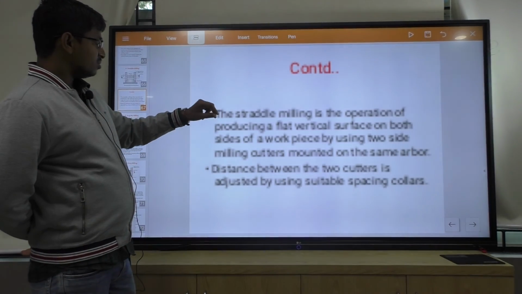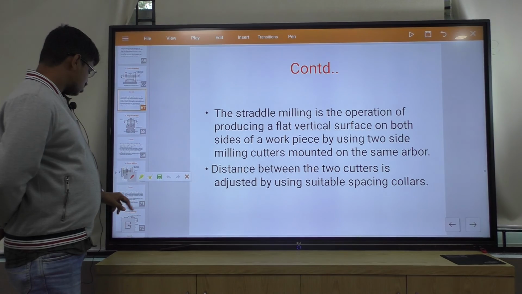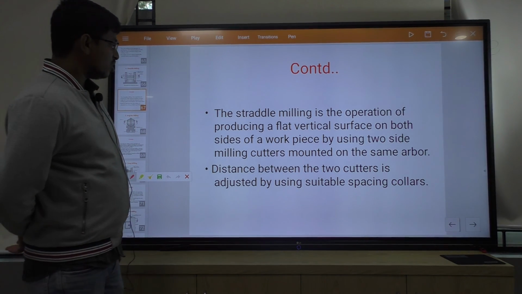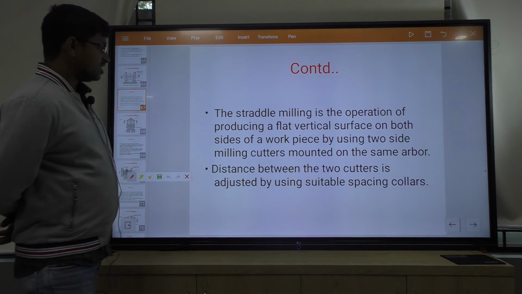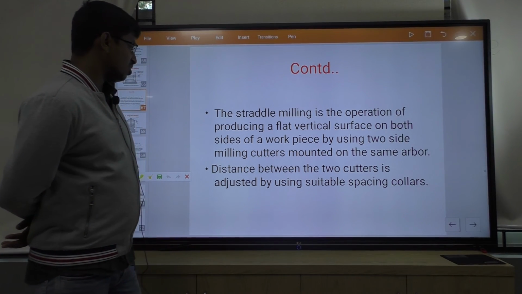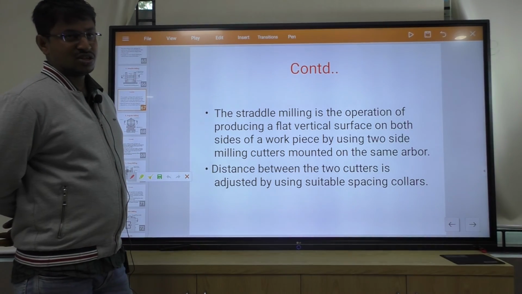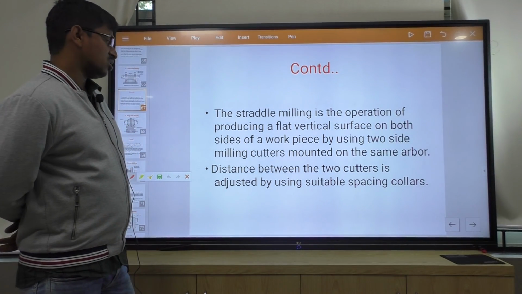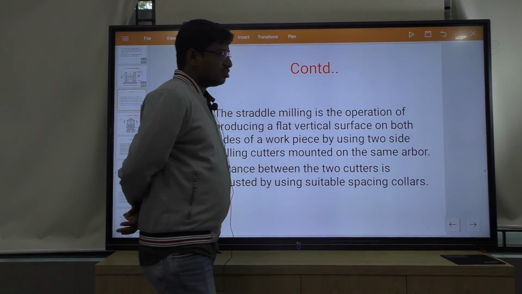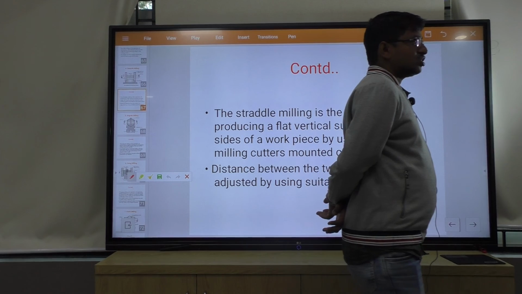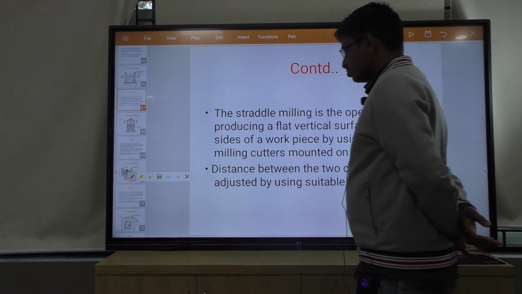Straddle milling is the operation of producing flat vertical surfaces on both sides of a workpiece by using two side milling cutters mounted on the same arbor. Here the arbor is used to hold the cutters. The distance between these two cutters is adjusted by using a suitable element, that is called spacers or collars.